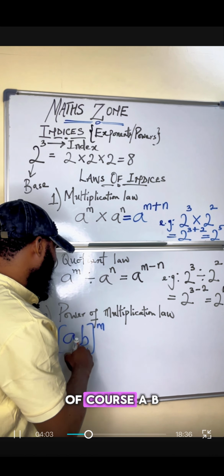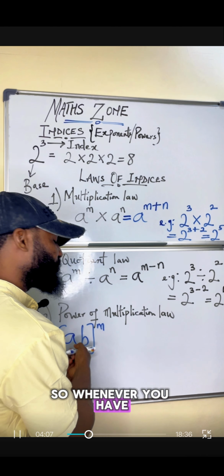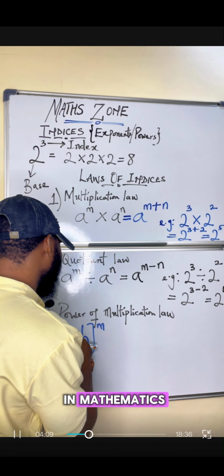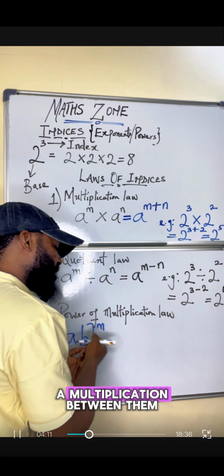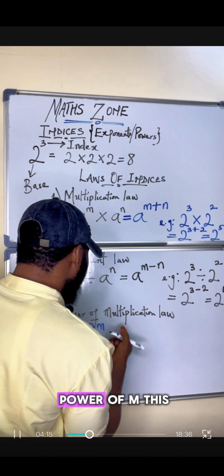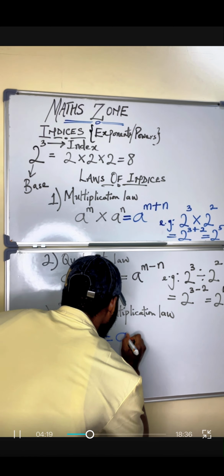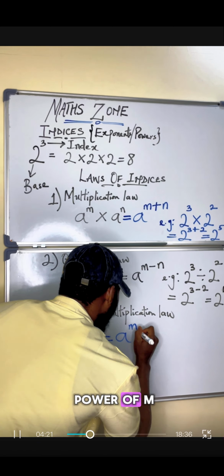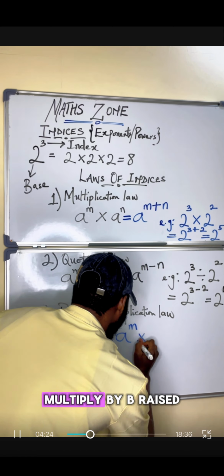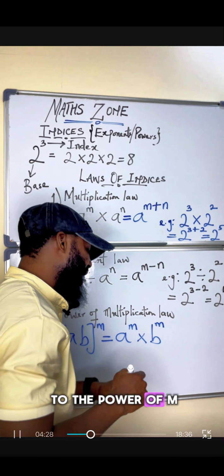Of course, ab means a multiplied by b. Whenever you have two letters like this in mathematics, it means there's a multiplication between them. So ab in brackets, then raised to the power of n, is going to give us a raised to the power of n multiplied by b raised to the power of n.